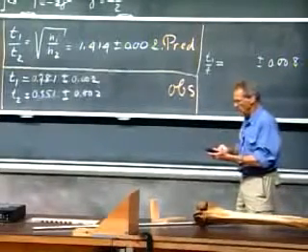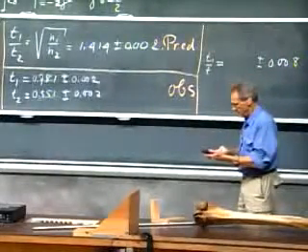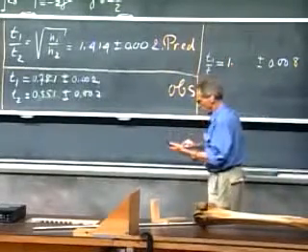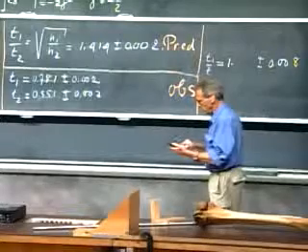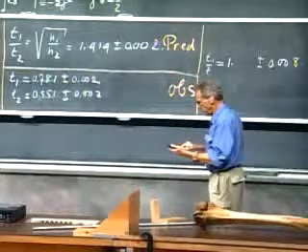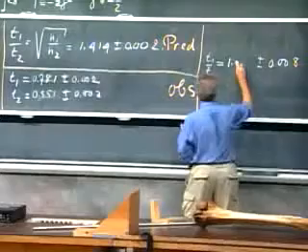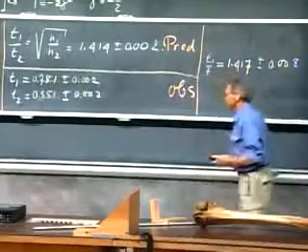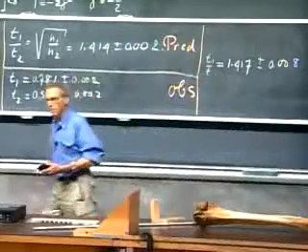781 divided by 551. 1 point, let me do that once more. 781 divided by 551. 1.417. Perfect agreement.